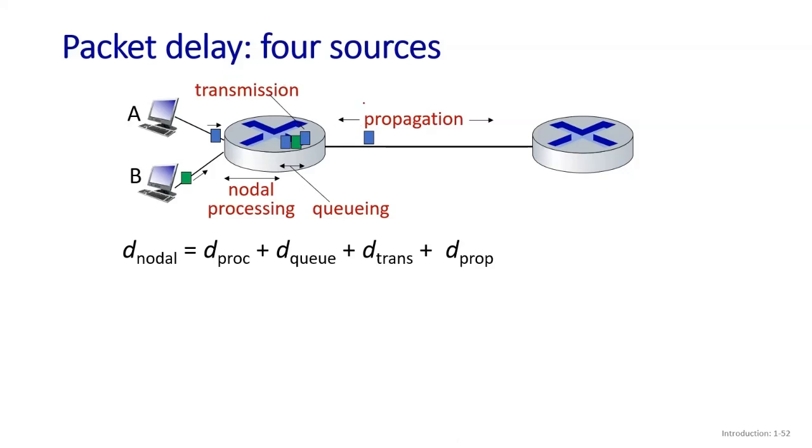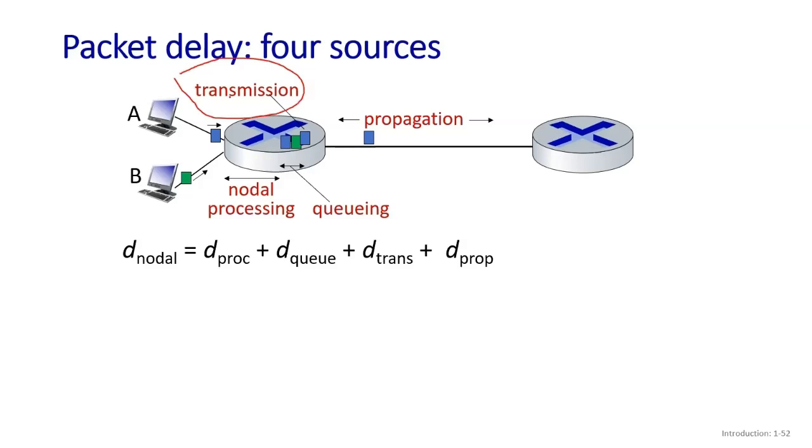Let's discuss each of these delays in detail. As we have already discussed, the transmission delay is the amount of time required to push all of the packet's bits into the link.